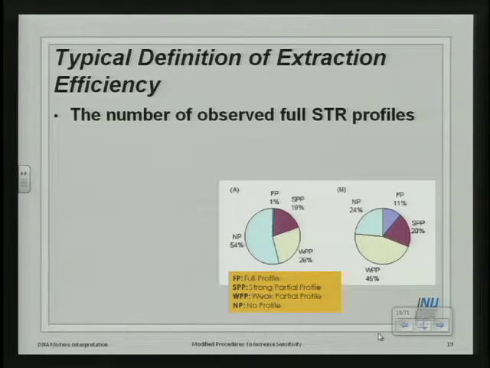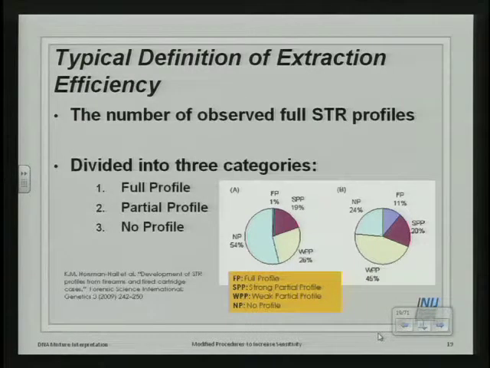This is a paper from, I think, Katie Horsman-Hall, Virginia, looking at the number of STR profiles. So you're looking at a weak partial, a strong partial, a full profile, or nothing. So full profile, partial profile, or no profile. So there are ways that you can determine the efficiency of extraction based upon what alleles are present.